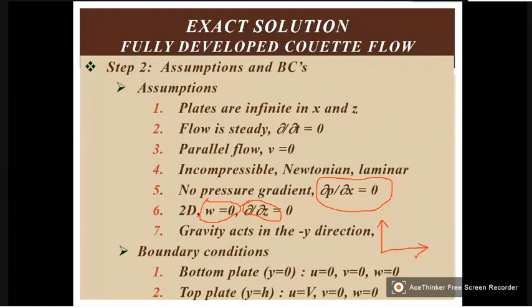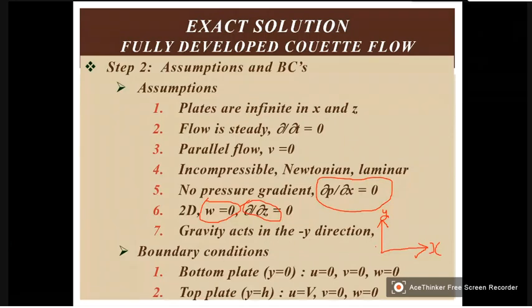This is y and this is x direction. So when this is the y direction, gravity is acting in the minus y direction.